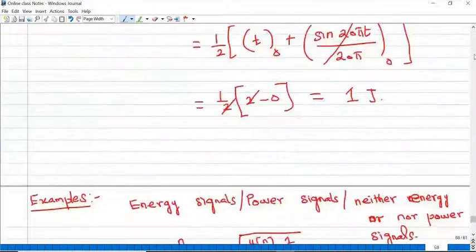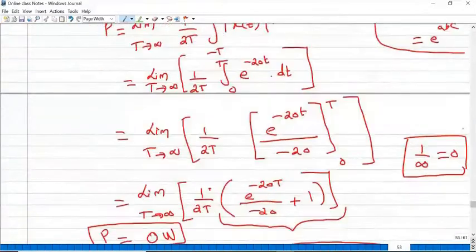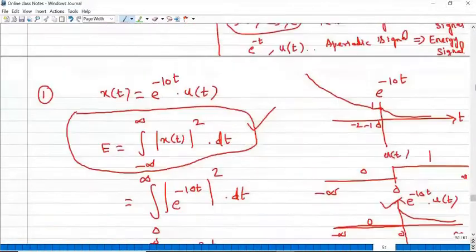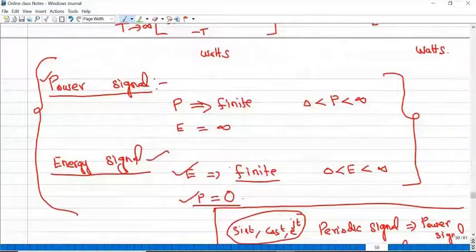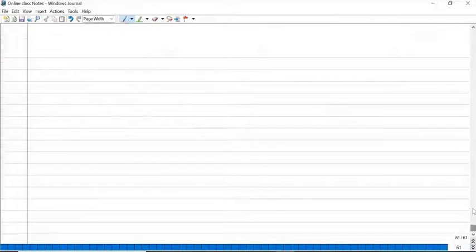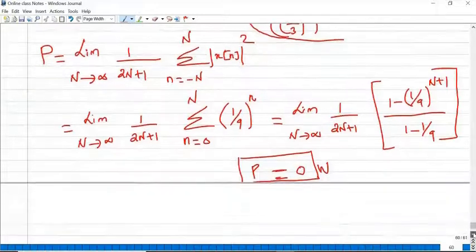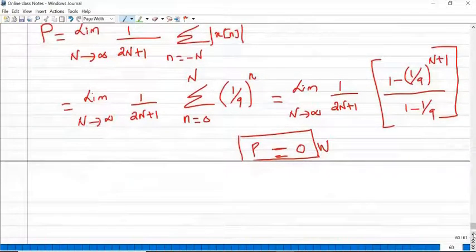Okay. So in this particular problem, the energy of the signal is 9 by 8 joules and the power of the signal is 0. So go back to the condition we discussed in yesterday's lecture. Energy is finite and power of the signal is 0. Therefore, the given signal is energy signal. So you have to write down the condition for the given signal.